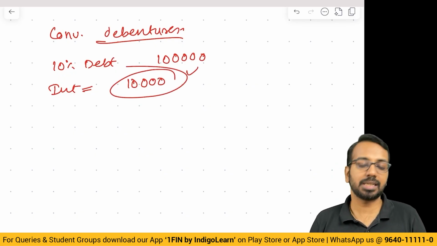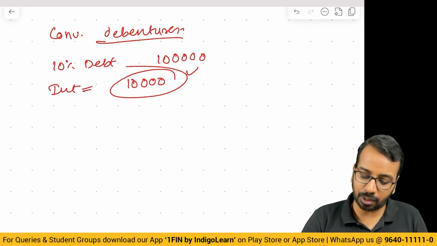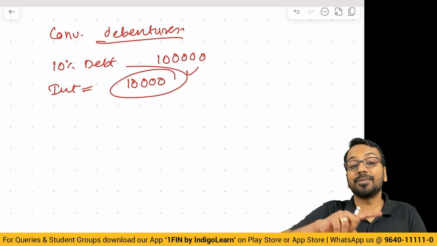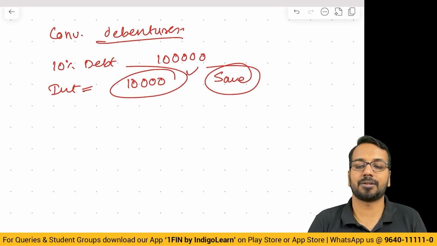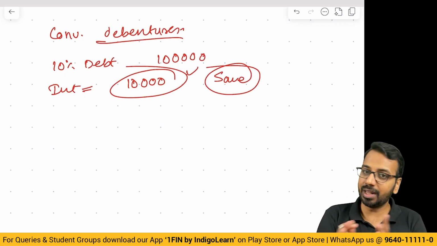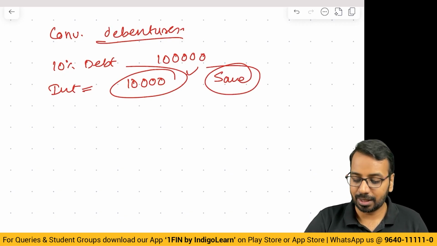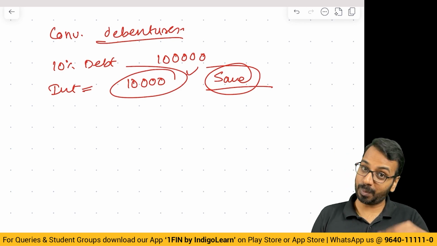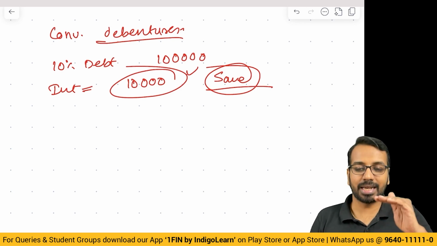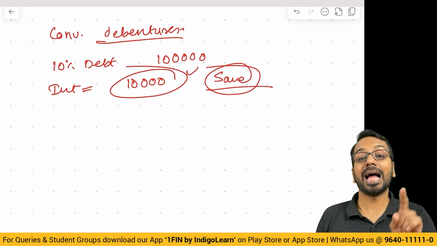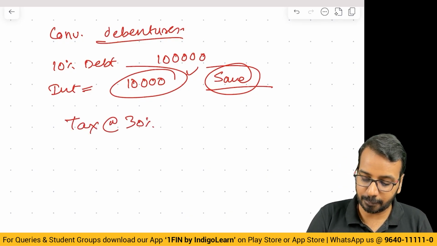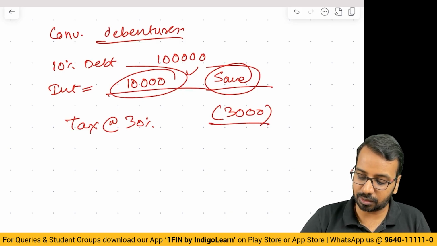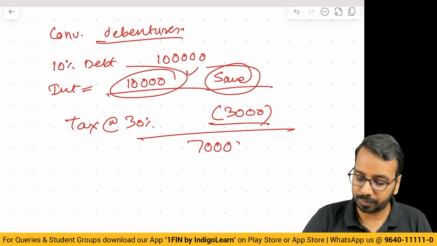Now when 10,000 of interest is payable, if these debentures get converted, I will save interest. But the moment I save interest, I have to pay tax on that. Because when I save interest, my income becomes higher, I have to pay tax on that. What is the tax? Assume tax at 30%, tax is 3,000. So 10,000 of savings, 3,000 of tax, net savings is only 7,000.